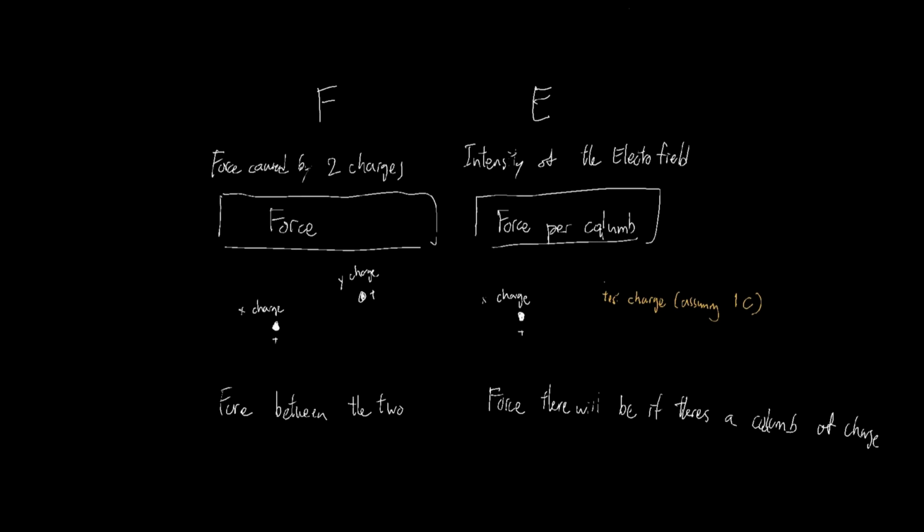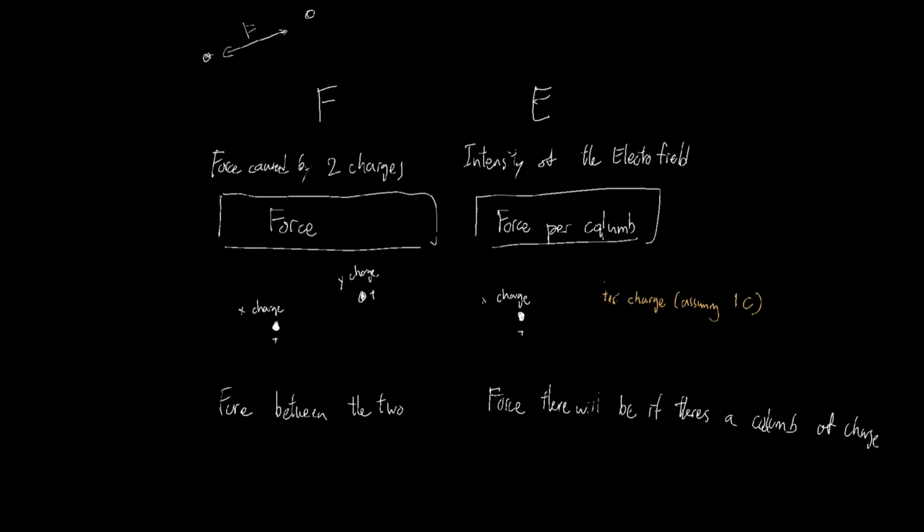First of all, what is force? Force is basically just the force caused by the two different charges, the force between them. It simply denotes the quantity of the force between them, so it takes account of both of the charges.